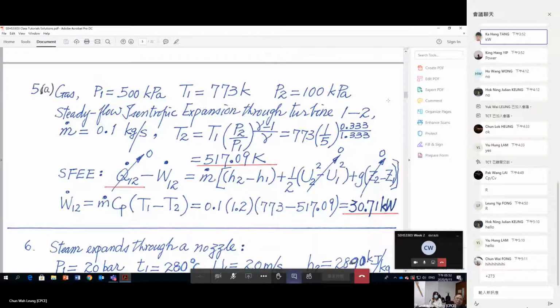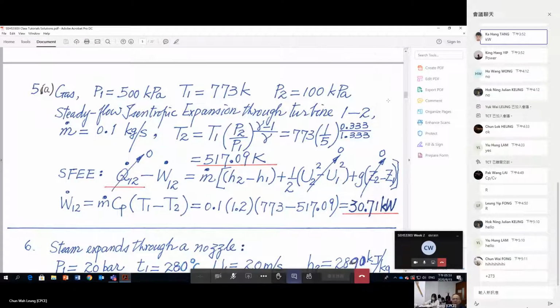But for the work, we need to apply the steady flow energy equation. So write out the steady flow energy equation: Q12 minus W12 equals m dot times the enthalpy change plus the kinetic energy change plus the potential energy change.